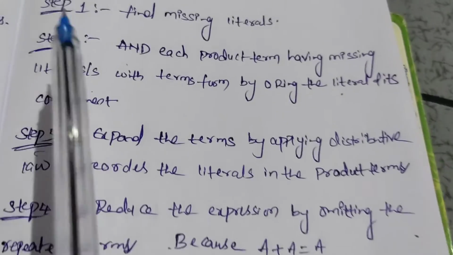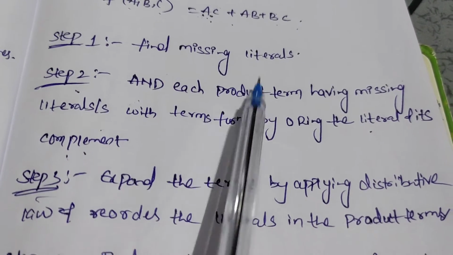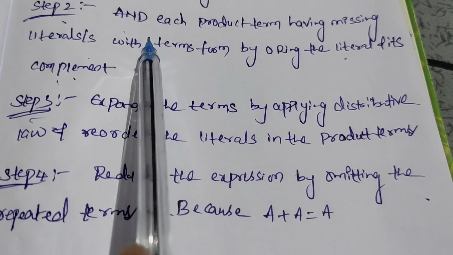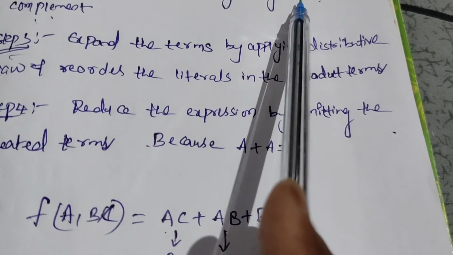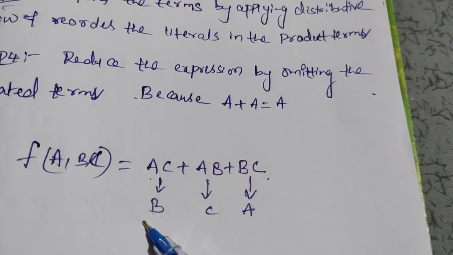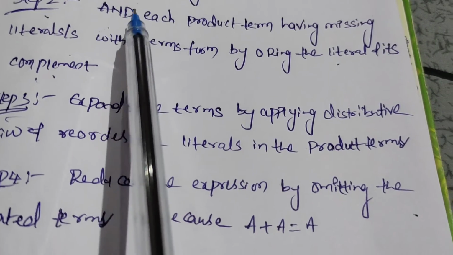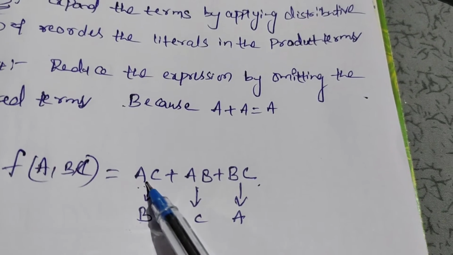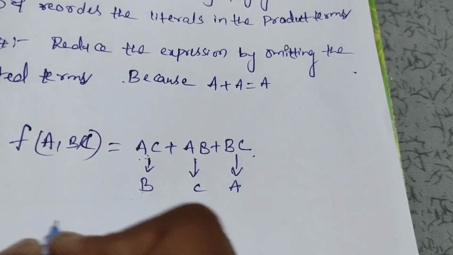So we have done step 1. We have found the missing literals, and in step 2 we need to OR the missing literals with its complement and the normal, and we need to multiply with the product terms. So that I am doing in step 2.